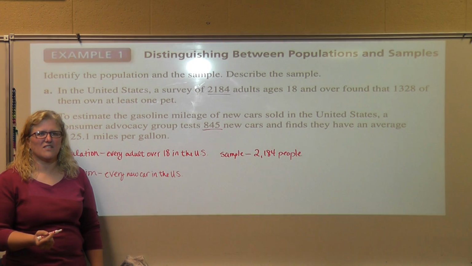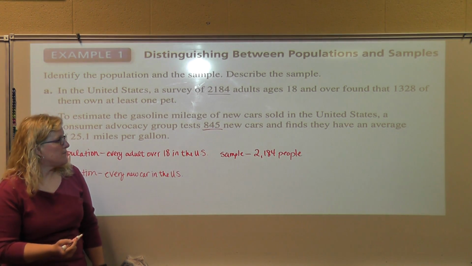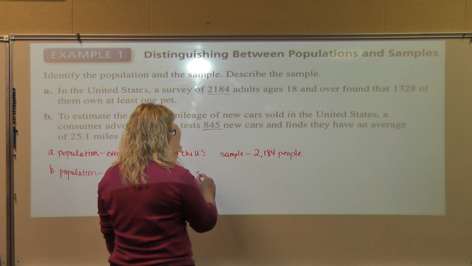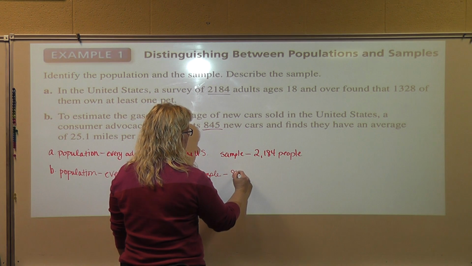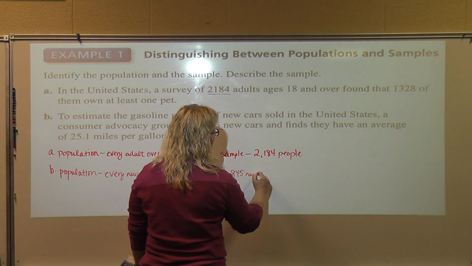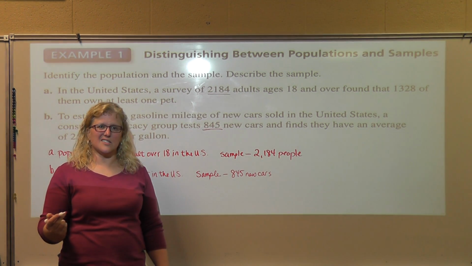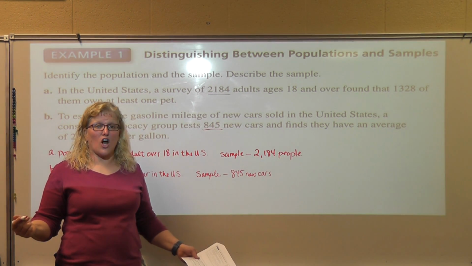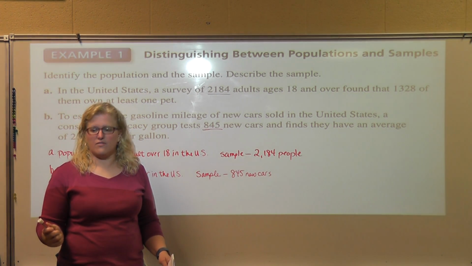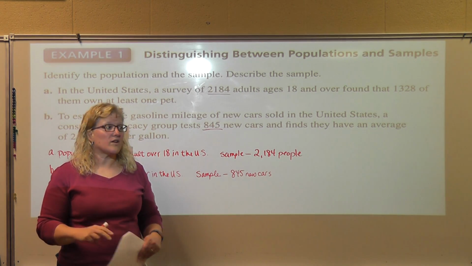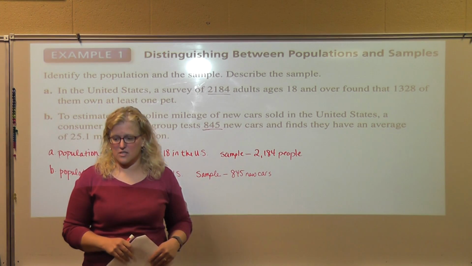If you required it of like automakers, then yeah, this one's probably a little more doable. But they took a sample of 845 new cars. Now, I think if they all did just little tiny Kias, and they did one kind of car, then this wouldn't be accurate at all. So they would have to take a good sample of, you know, probably one or two examples of every kind of car, and I think that that would be pretty accurate.